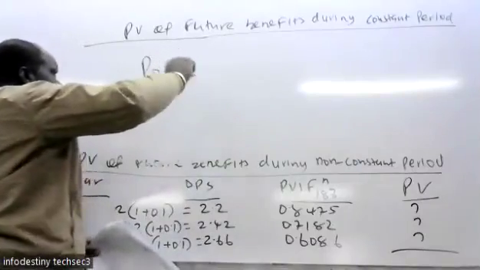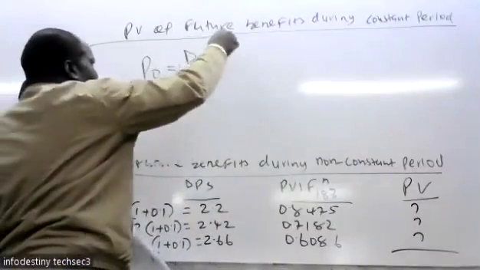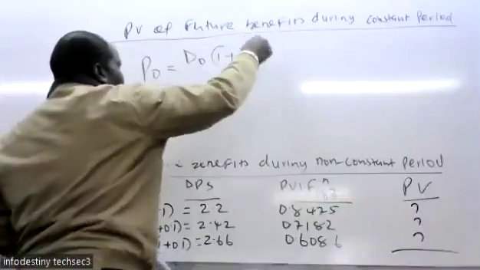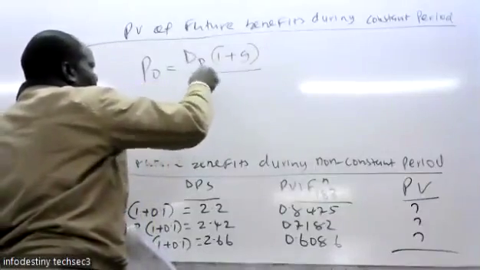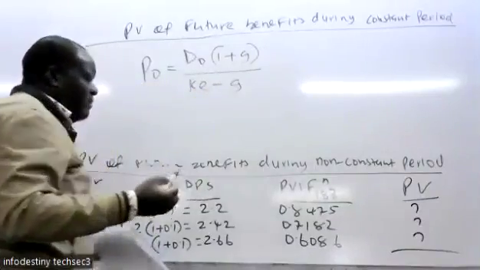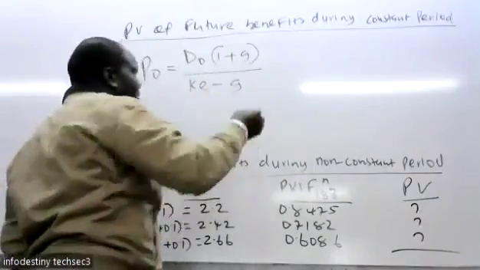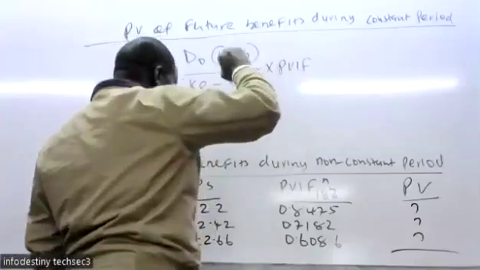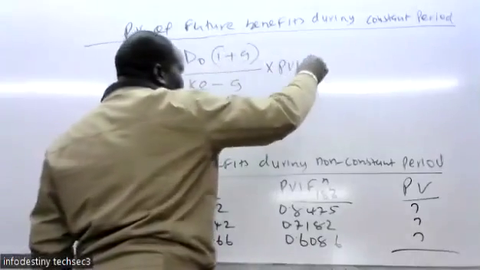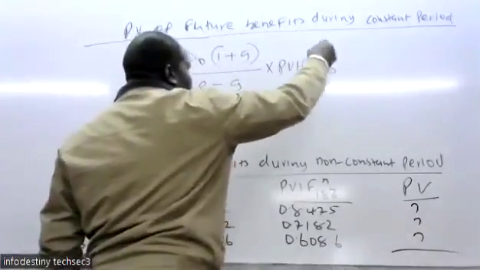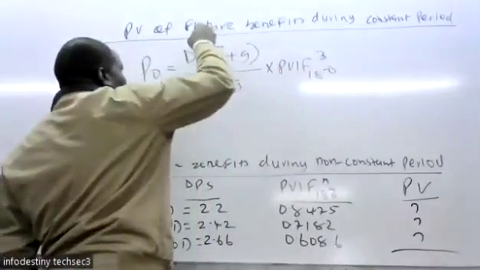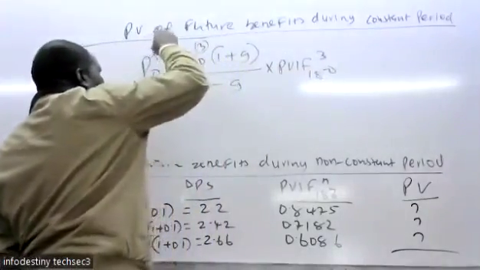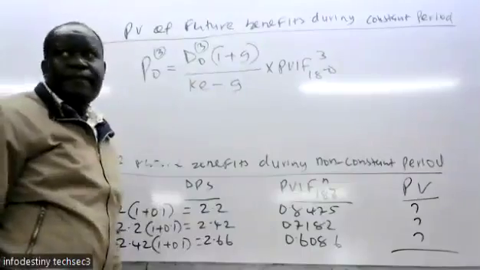It is supposed to be given by D0 times (1 plus g) divided by Ke minus g, multiplied by the present value interest factor 18% in year 3, because now our D0 is in year 3.